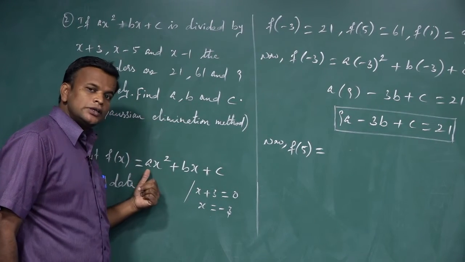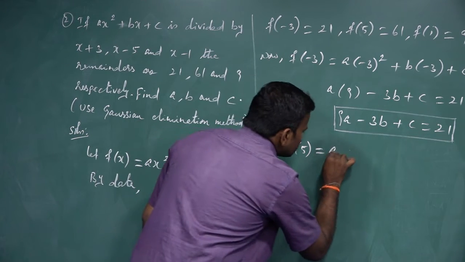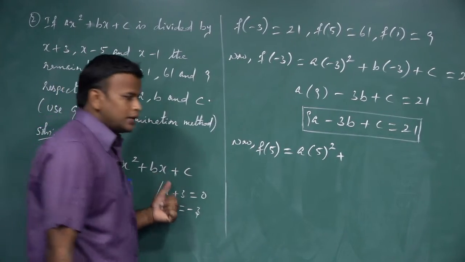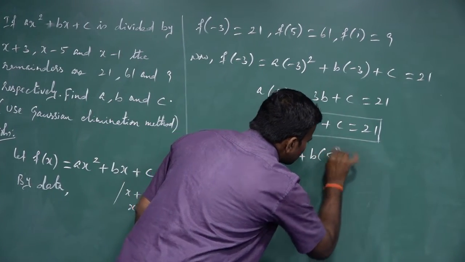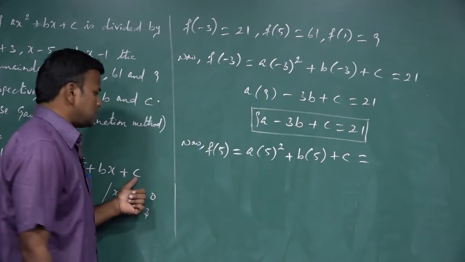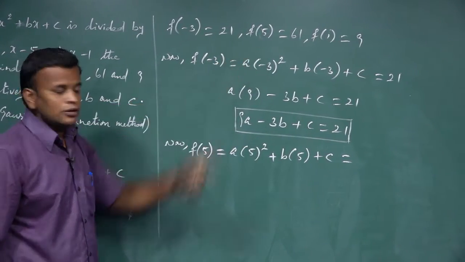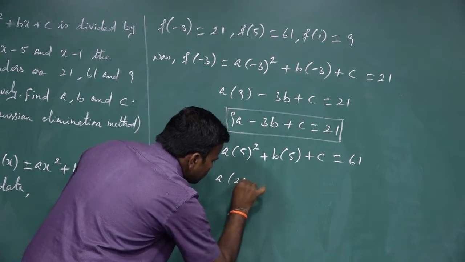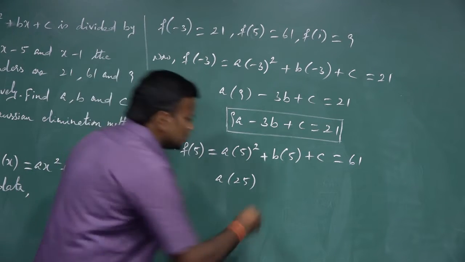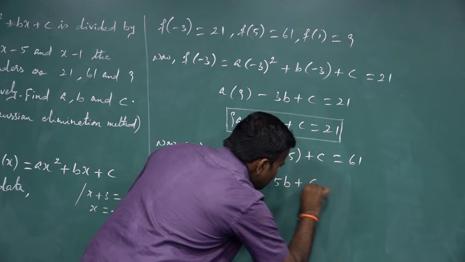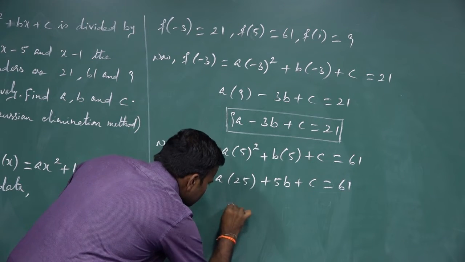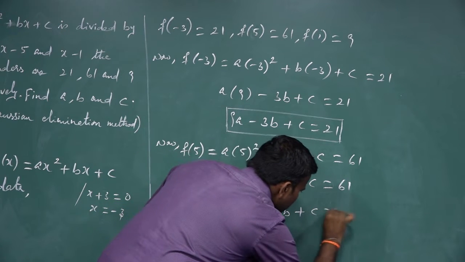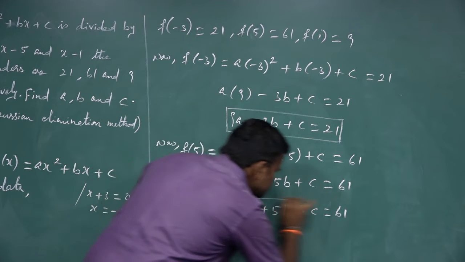So f of 5 is equal to a of 5 square plus b of 5 plus c. That value should be equal to 61. The value of 5 square is 25, so we write 25a plus 5b plus c is equal to 61.